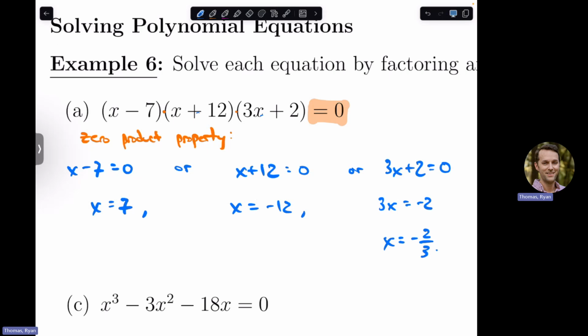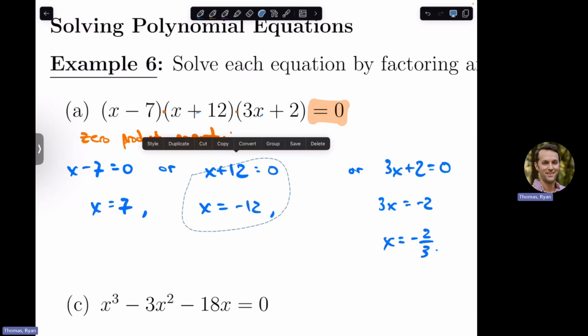Really what we're doing is the same thing that we were doing with the graph just a few minutes ago, right? And Tuesday. We've got a factored form of a thing. Solving this equation is another way of saying find the zeros or find the x-intercepts of that function, right? Well, if it's already factored, then this is just a matter of splitting up the factors, setting them equal to 0 individually, and then working out what x value would make that true.